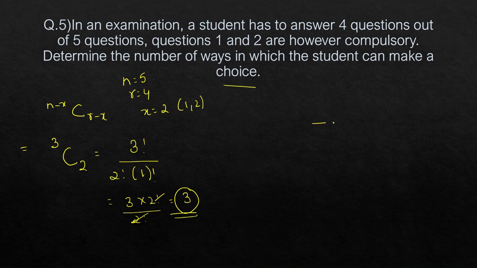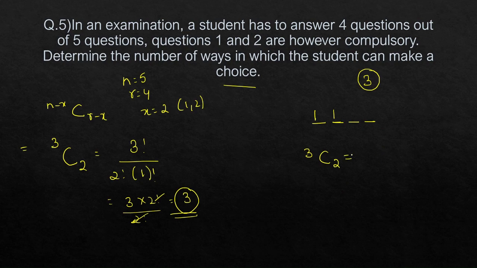Another way that could have been: we would draw here 4 dashes. We are talking about selections. So what we'll do is 1 and 1, because question number 1 and 2 are compulsory. So we'll write this for questions 1 and 2. Now, how many questions are left with us? 3, out of which we have to make choices. And now 2 are to be chosen, so it will be 3C2.